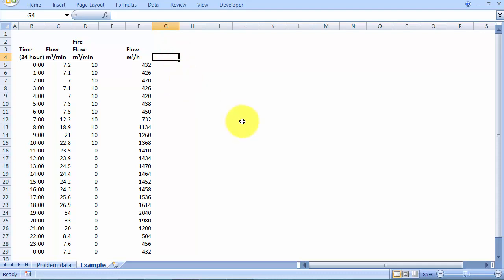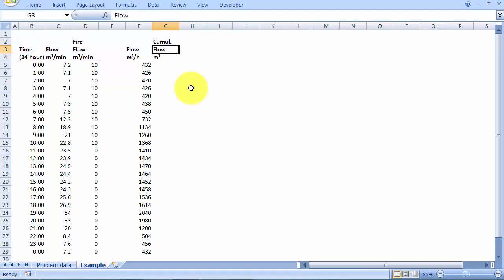Okay, after that we need to add together all of the flow values to build up a cumulative rate. As the hour progresses through the day, we need to work out how much total flow there has been up to that point. This time, rather than meters cubed per hour, we're dealing with just meters cubed, so we take that hour value out of it, and we get cumulative flow.